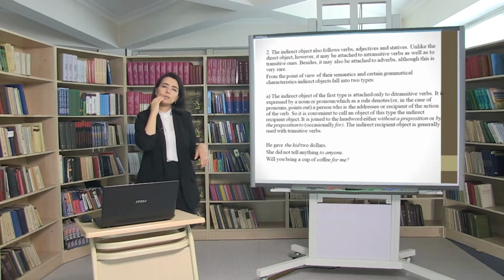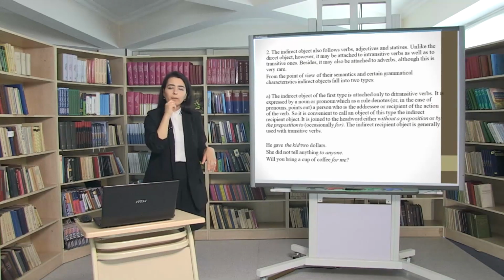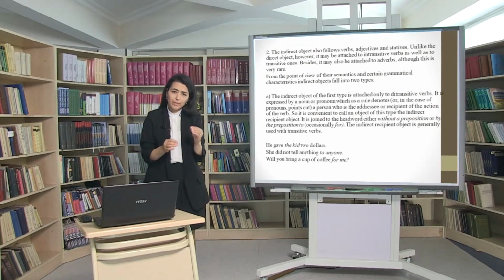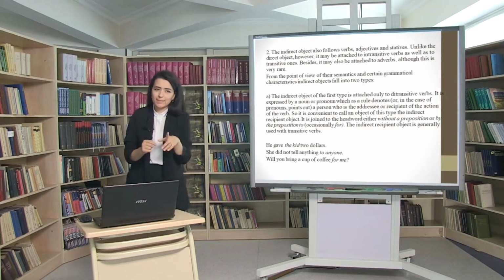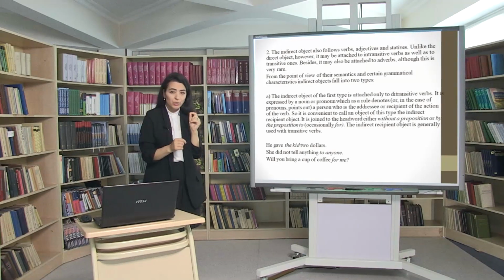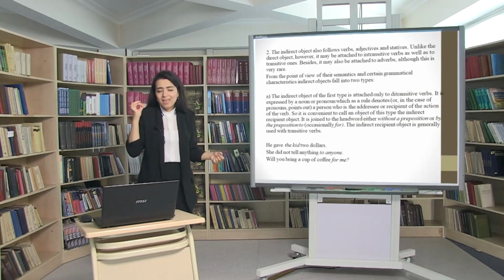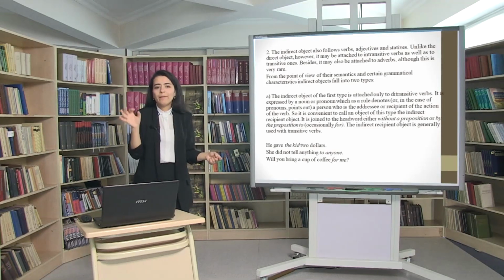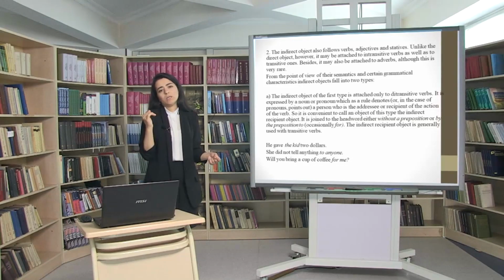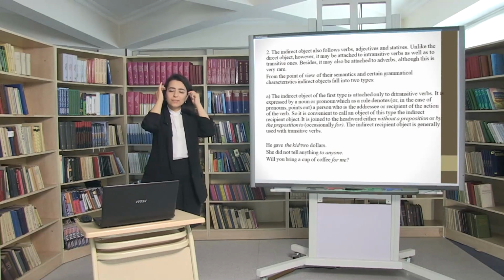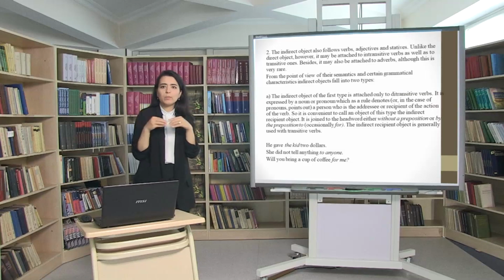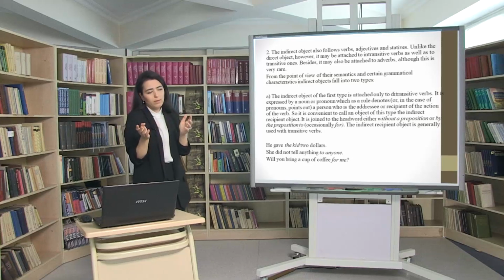First of all, I would like to say that one of the easiest ways to find an indirect object in the sentence is to pay attention to the prepositions, because if any object is preceded by a preposition, it means that this is an indirect object, because direct object can never be preceded by prepositions. Only indirect objects can be preceded by prepositions.